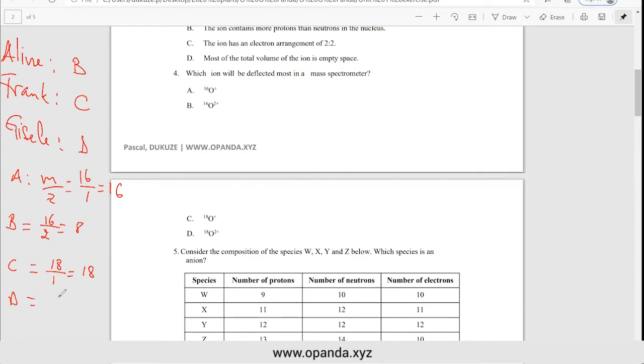If you are to pull something, the one which has less resistance is the one you are going to pull easily, meaning that the magnetic field in the mass spectrometer is going to pull this ion on B easily, as it has a low mass to charge ratio. If you are able to deflect something easily, it means that you are going to deflect it most.